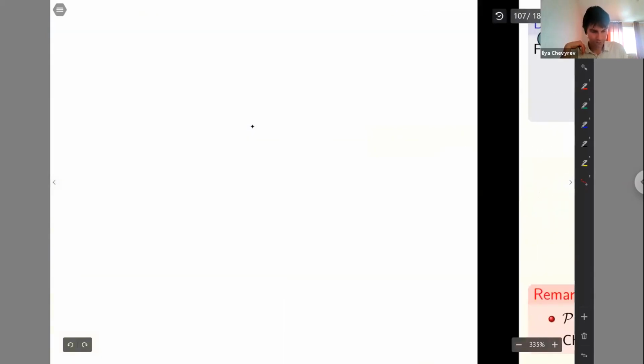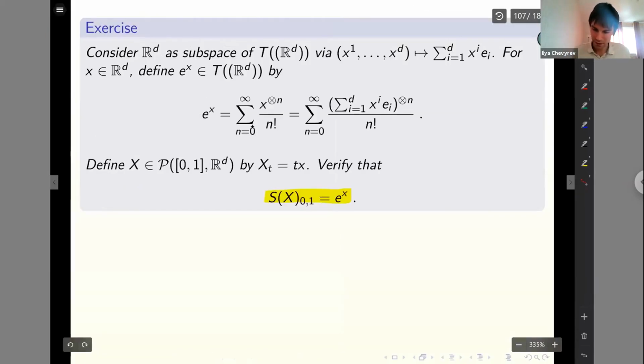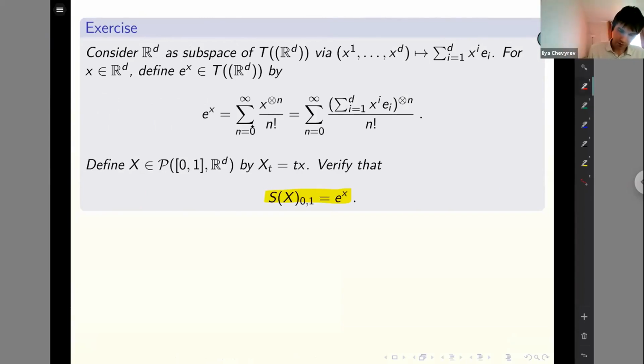So what this means is that there's a very quick way now of computing the signature of a piecewise linear path.